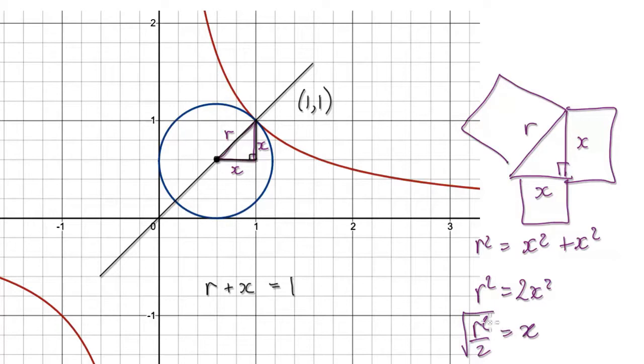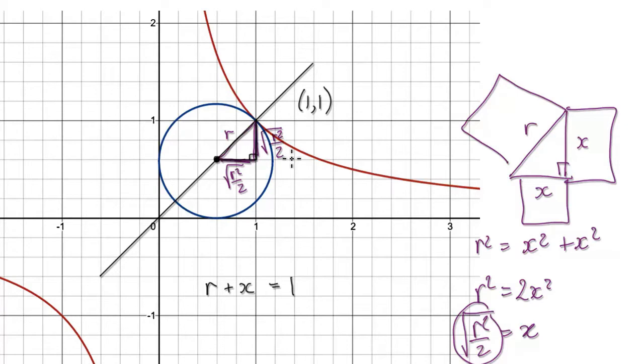So x equals root of r squared over 2. We know this length here is root r squared over 2. We don't need x, because the minute we know the radius, we will immediately know the height.